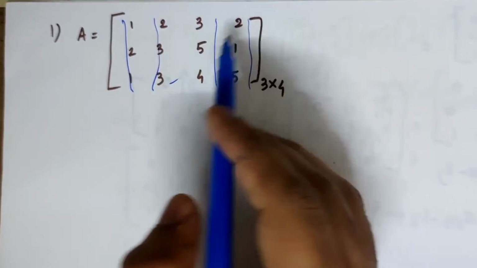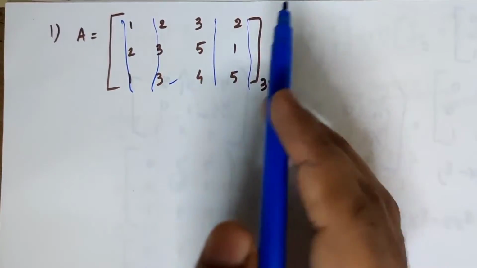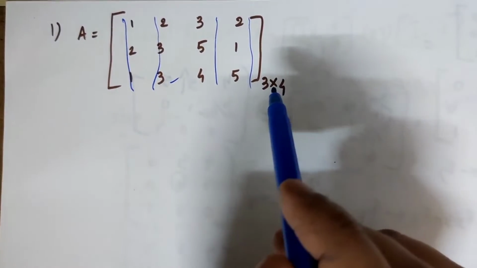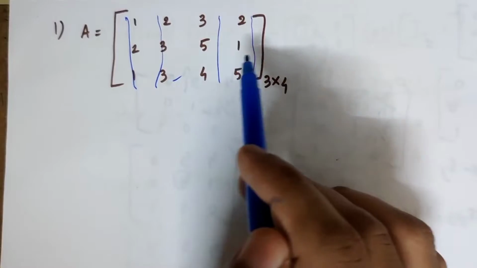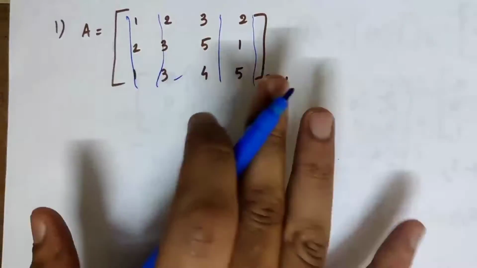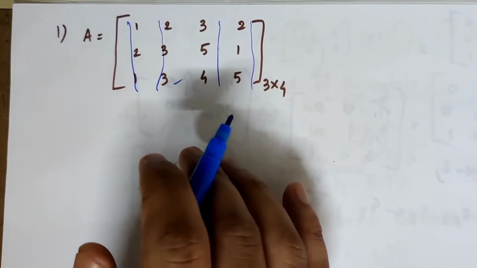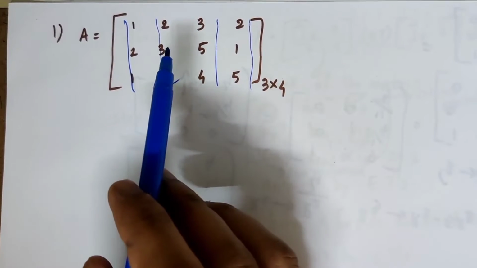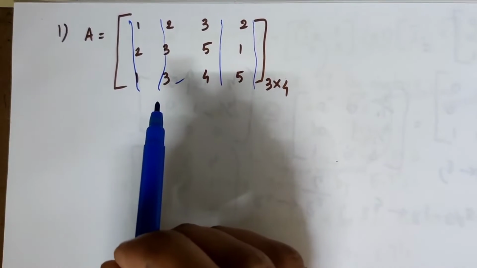If the value of any minor is not equal to 0, then you can conclude that the rank of the matrix is 3, or else you have to go for 2 by 2 matrix determinants. In this way the chain continues. This is our shortcut method, but you have to do the shortcut method on your own.